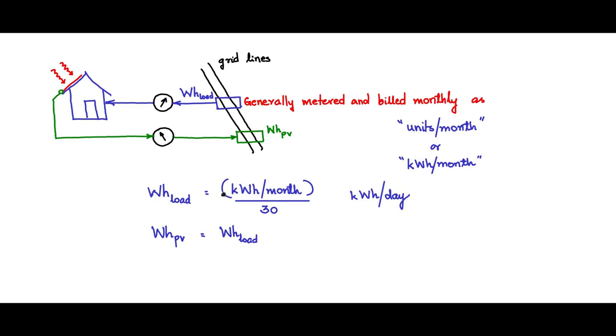And watt hour load can be the max kilowatt hour per month by 30, which will give you the kilowatt hour per day, the maximum that the PV has to supply in order to maintain net zero energy balance. So one can design the watt hour PV requirement either way, either taking the worst case value, the max value of kilowatt hour per month, or the average or mean value, depending upon what your constraints are in terms of the application.